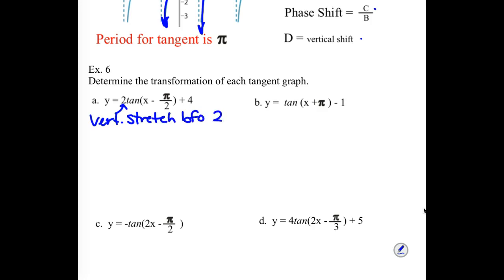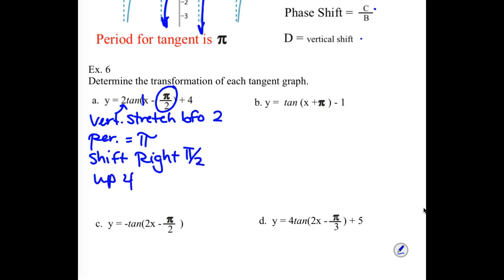So we're going to stretch it, make it twice as tall. Our B value is 1, so period has not changed. It will still be just 1 pi. We do have a phase shift. Since it's x minus pi over 2, we are shifting right pi over 2, and we are shifting up 4. That would be the type of transformation we'd have.